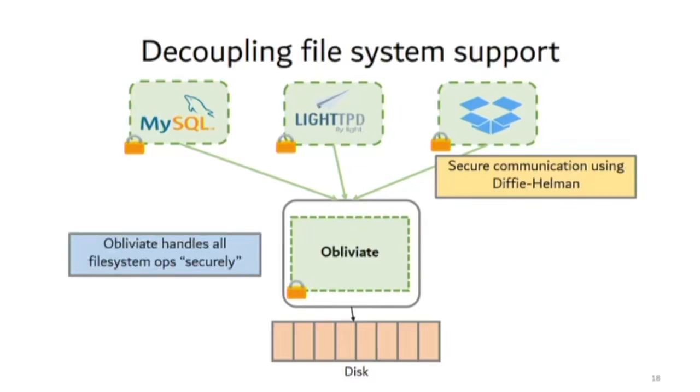Then we have to make sure that Obliviate, this central point, handles all the file system calls in a secure manner. So this is one central point, and we put all the burden of creating completely secure file systems on this enclave, rather than individual enclaves having to do all this on their own.